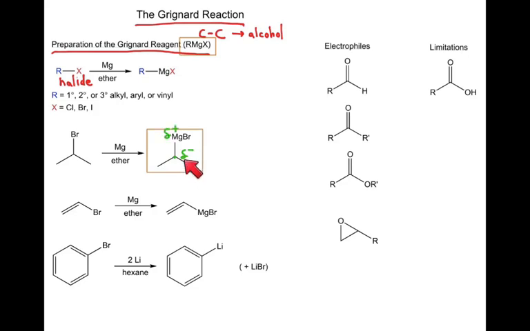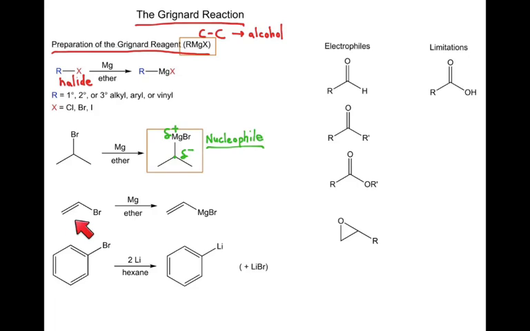So here what I've done is wrote a lowercase delta, signifying that the carbon has a partial negative and the magnesium has a partial positive. Well, by putting a partial negative charge onto our carbon, I've created a very good nucleophile. So Grignard reagents are in fact really good nucleophiles, and that's how we're going to use this reagent to do the Grignard reaction.